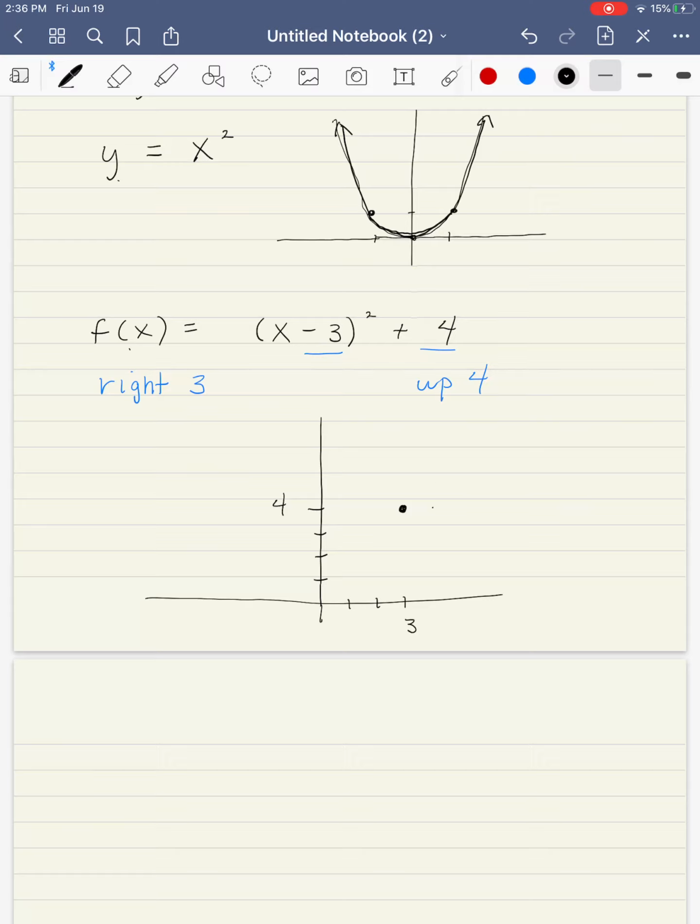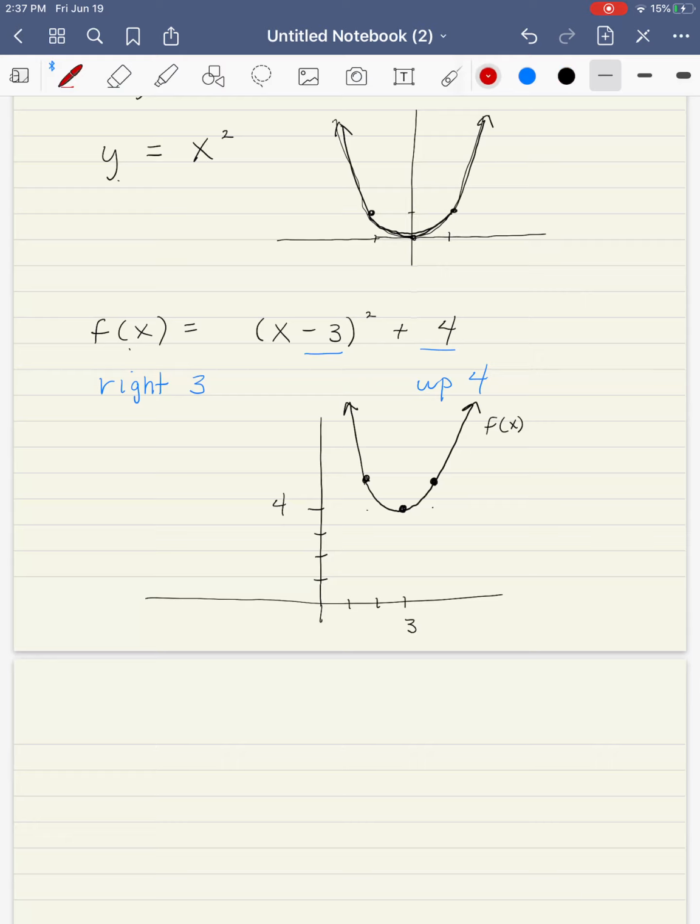So my 0, 0 moved here, and then I have 1 over and 1 up, and 1 back and 1 up. And I know the basic shape is that nice parabolic shape, so I can draw my parabola. And this is my graph of f of x equals (x minus 3) squared plus 4.